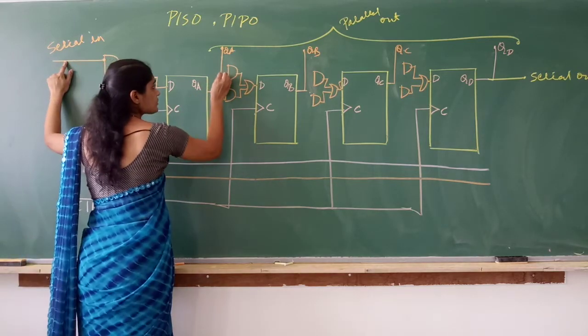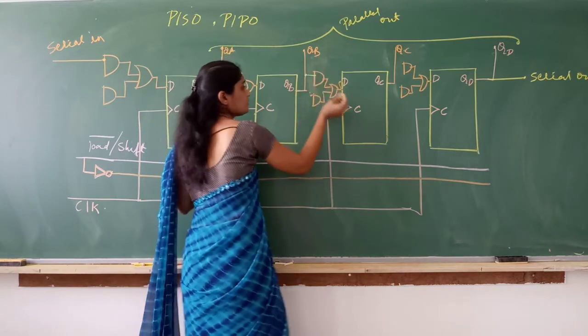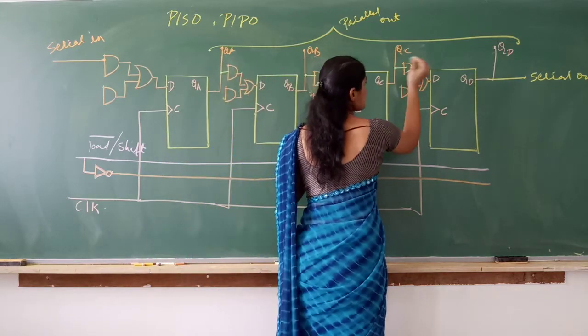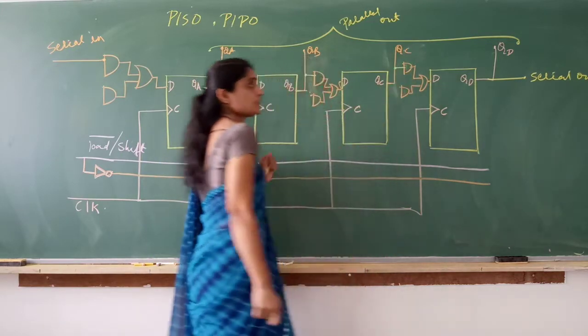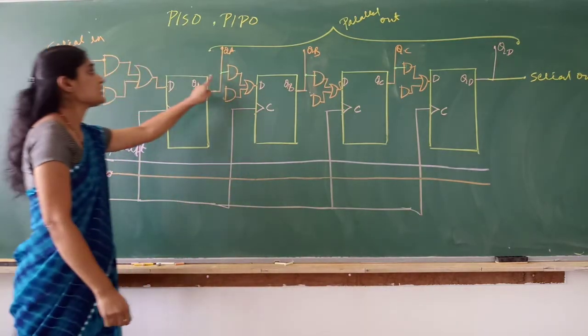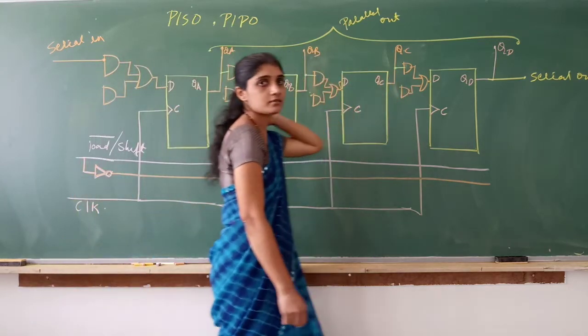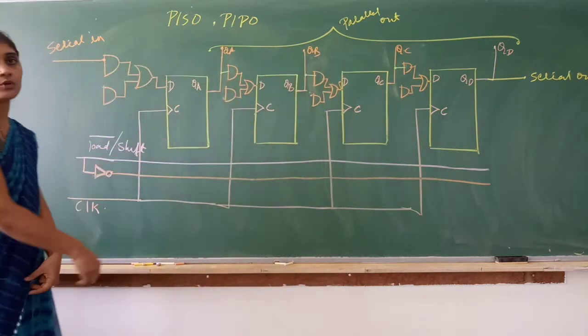For this, it is from QA. For this, it is from QB. For this, it is from QC. QD I am getting as output.